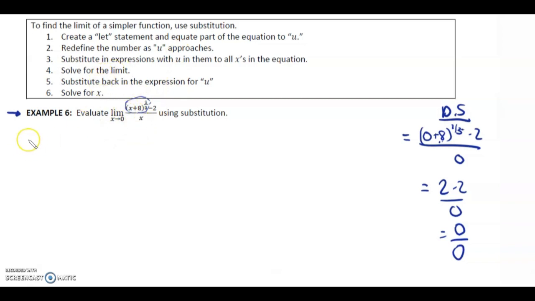So we're going to do let u equal, and it's going to equal this entire bracket, so x plus 8 to the 1/3. Okay. And so that's number 1. Number 2, we're going to redefine the limit as u approaches.